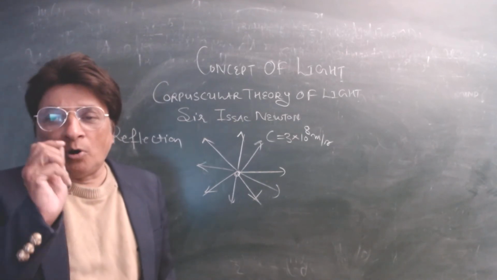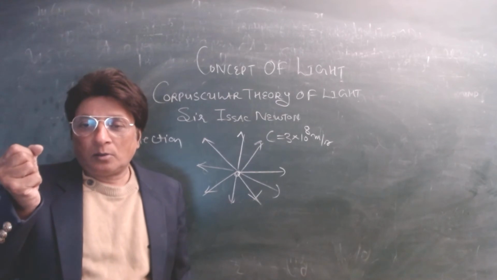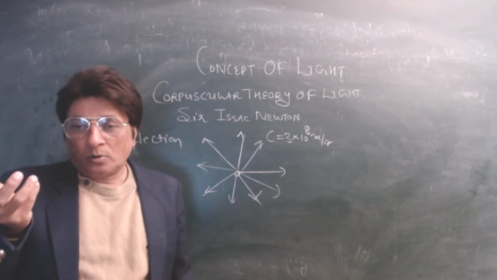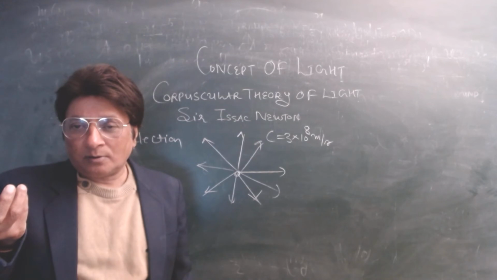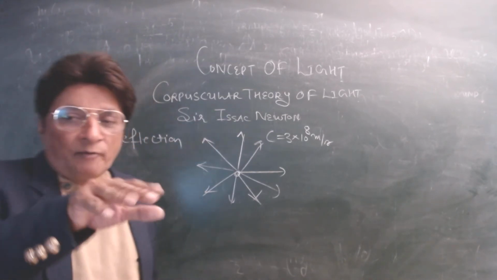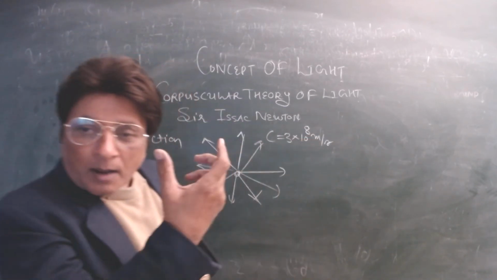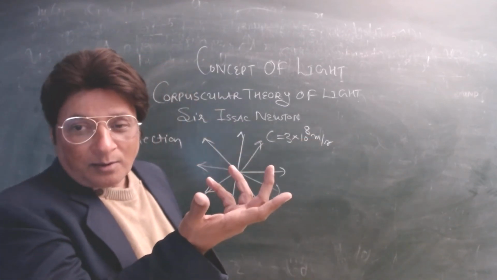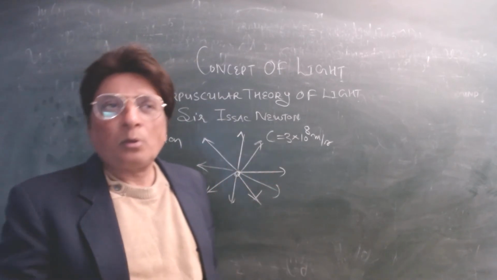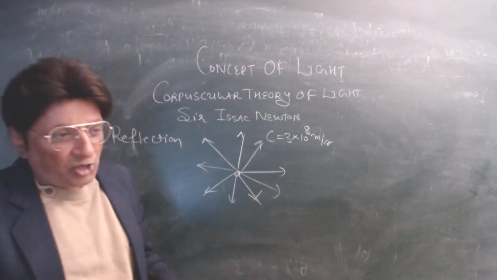If you throw a ball on the wall, it comes back. So that is reflection. Means the corpuscles are traveling in a straight line, they strike the wall, they come back. Reflection. Okay. So how are shadows formed?